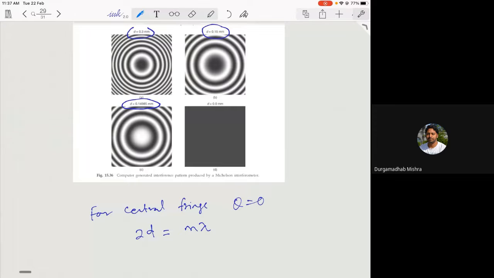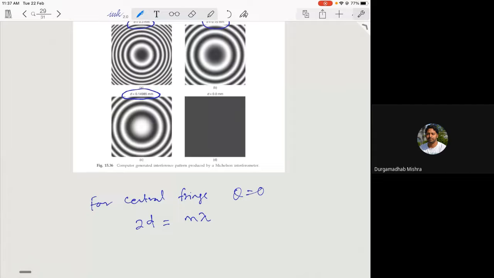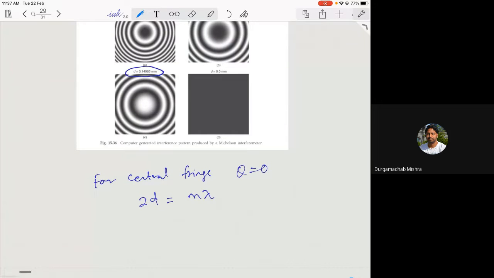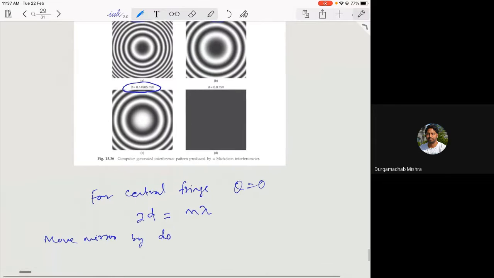Now, if I move the mirror by a distance d0, what would happen? If I increase or decrease d by d0, some number of fringes will collapse to the center, so the density will decrease.